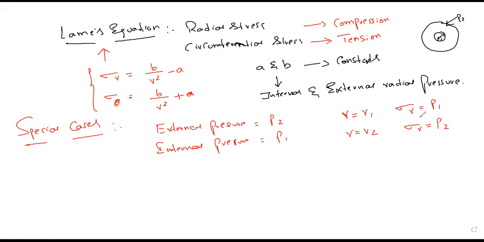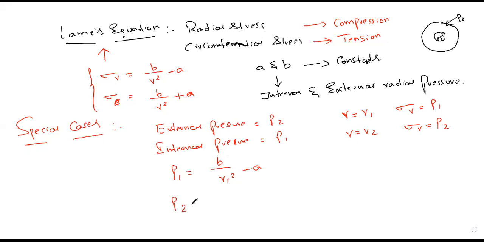So I can consider P1 as B by R1 square minus A. Why? Because if you see the radial stress, sigma R is equal to B by R square minus A. This radial stress can be written as B by R1 square minus A, with respect to pressure P1.